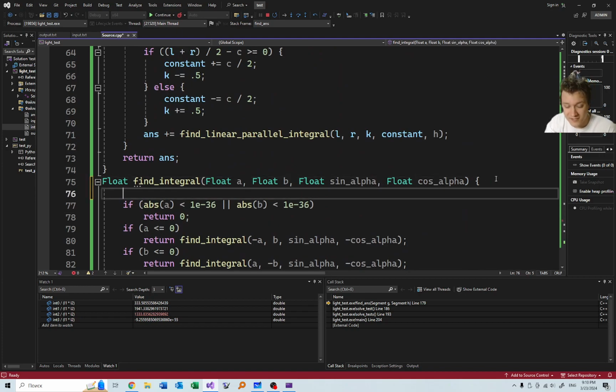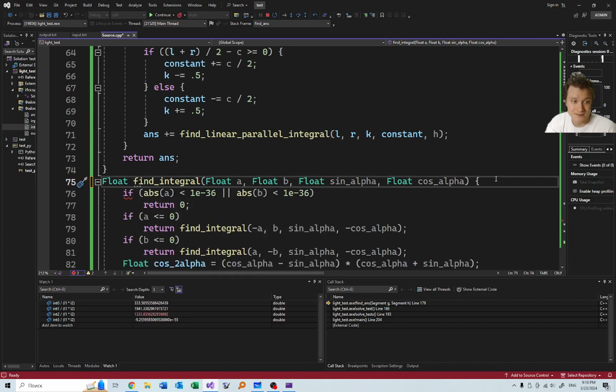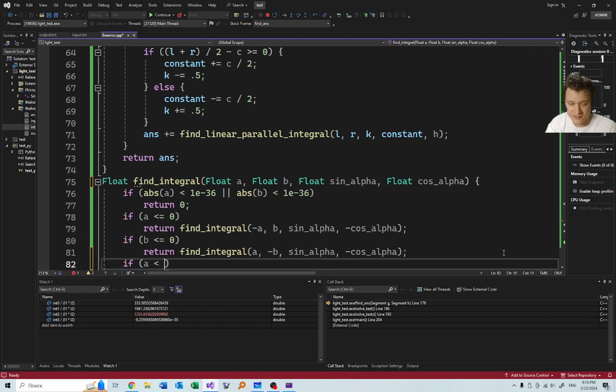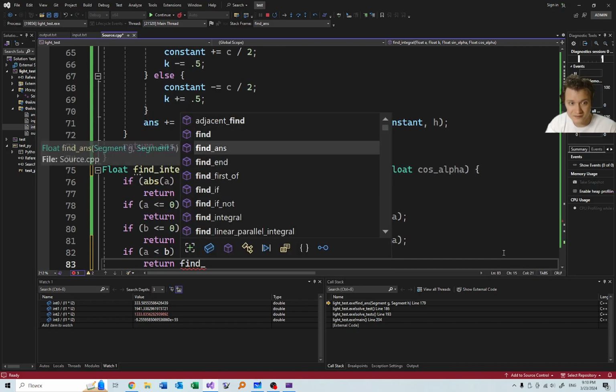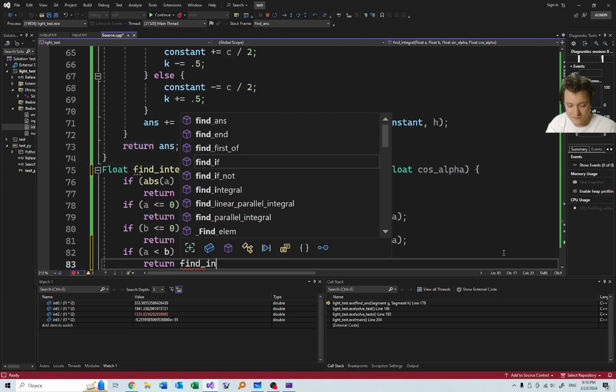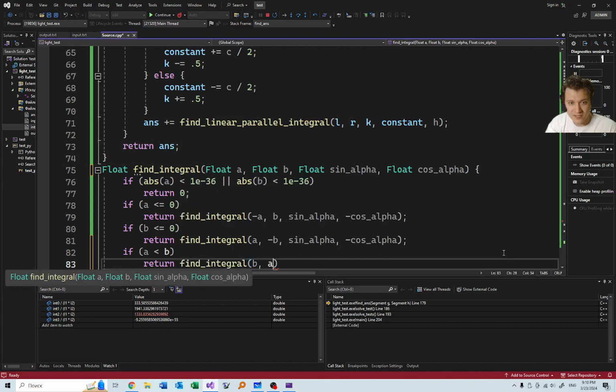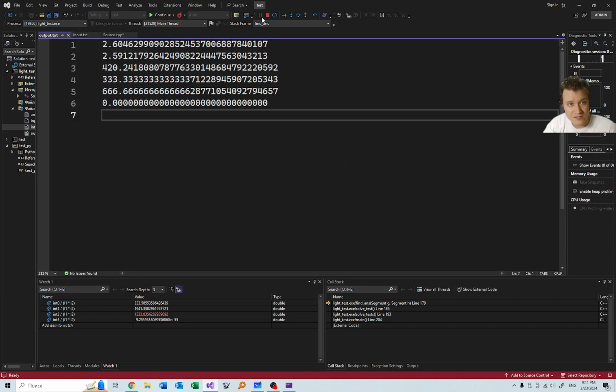We can employ that easily. If A is less than B, return find the integral of B A sine alpha cosine alpha. And what do we see?